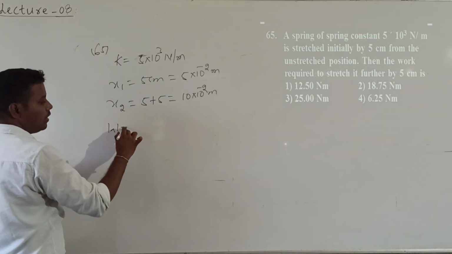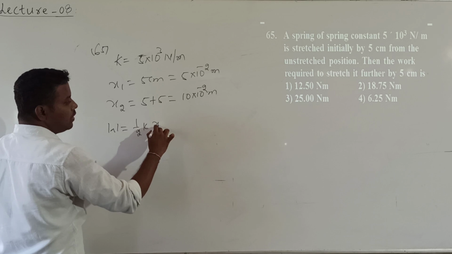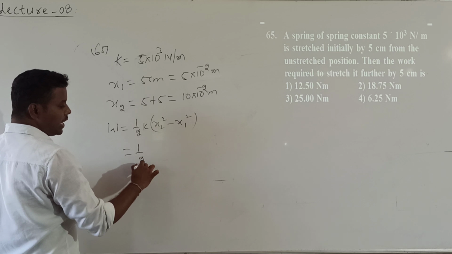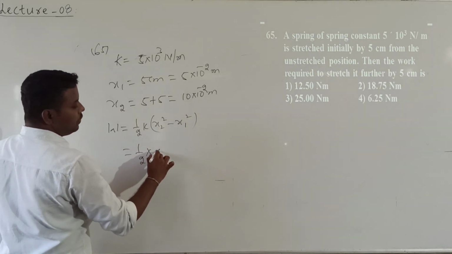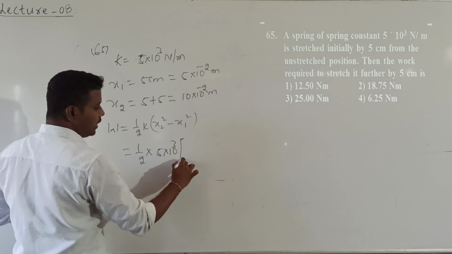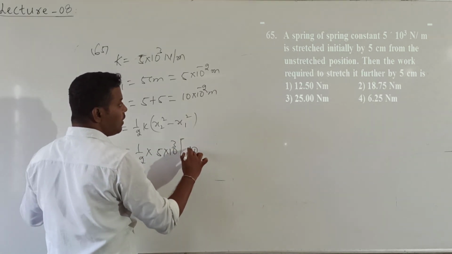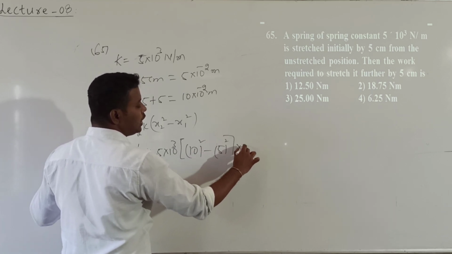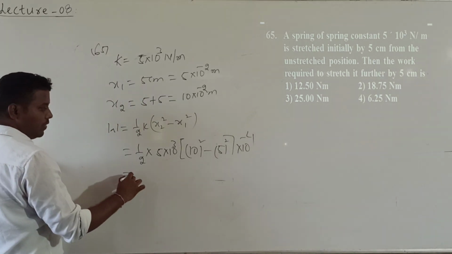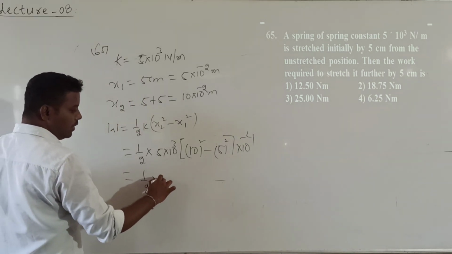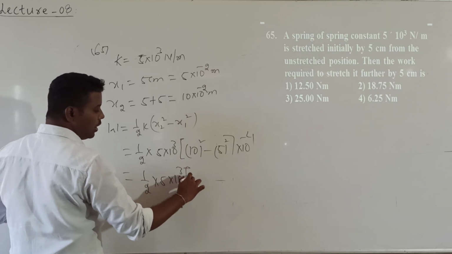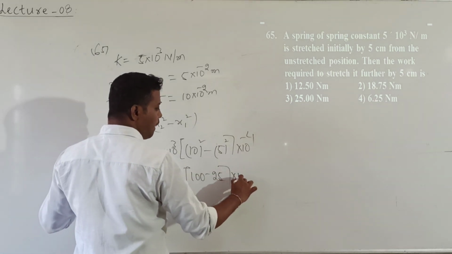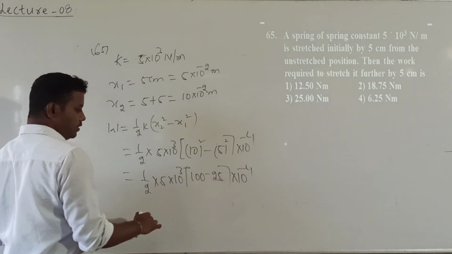Work done formula is 1 by 2 into K into x2 square minus x1 square. Correct? So 1 by 2 into K value 5 into 10 to the power of 3 into x2 square value 10 square minus x1 square value 5 square into 10 to the power of minus 2. You simplify this: 1 by 2 into 5 into 10 to the power of 3 into 100 minus 25 into 10 to the power of minus 4. So what do I get?